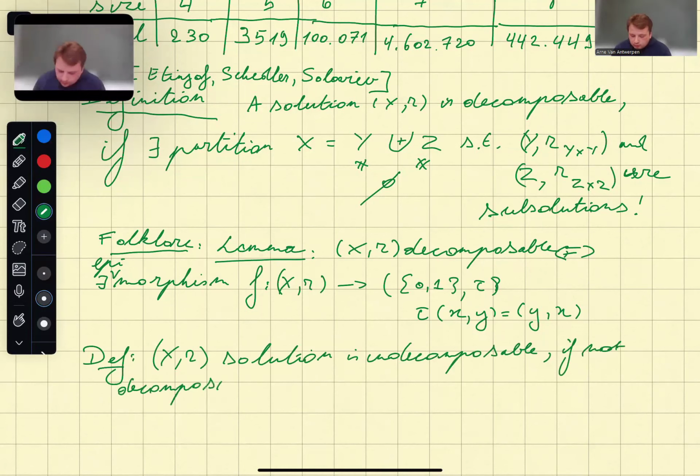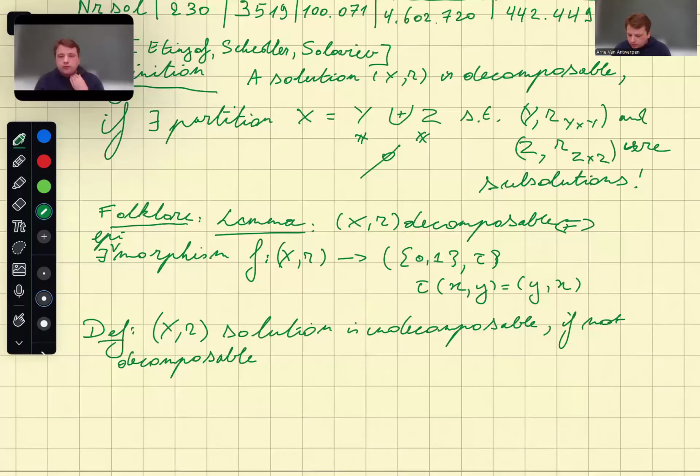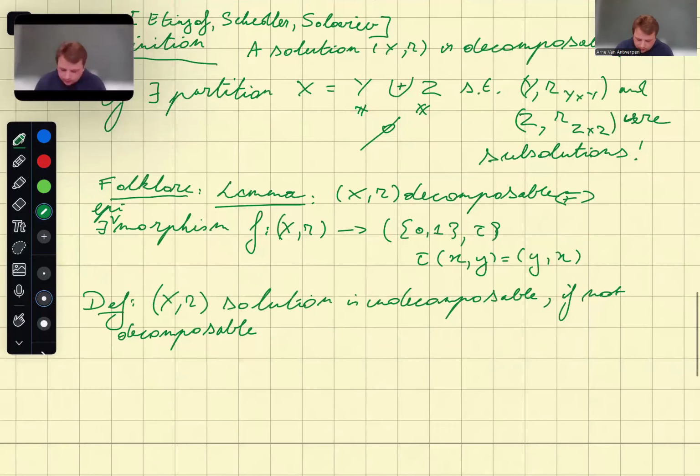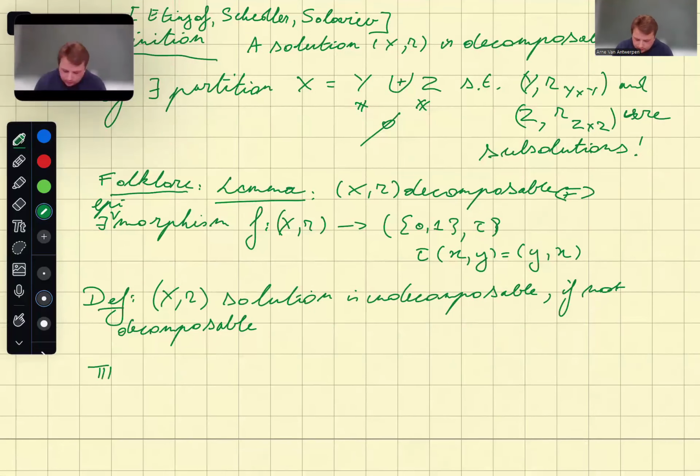There is no partition of X which splits it into two subsolutions. At the moment, they are very hard to approach, to really classify all of these. You, of course, have some characterizations of indecomposable solutions in terms of actions of groups. Maybe a bit more on that later, but let's look at a particular class of examples, which are the simple solutions.